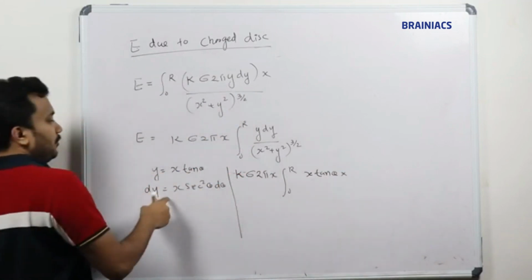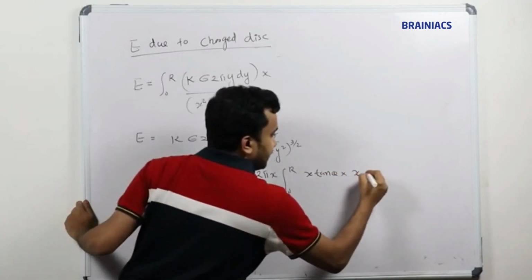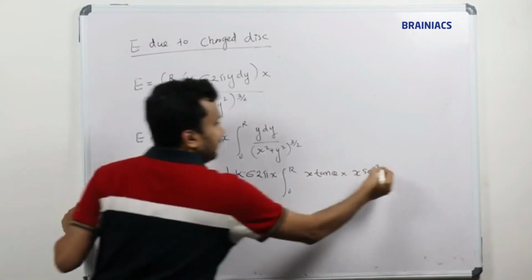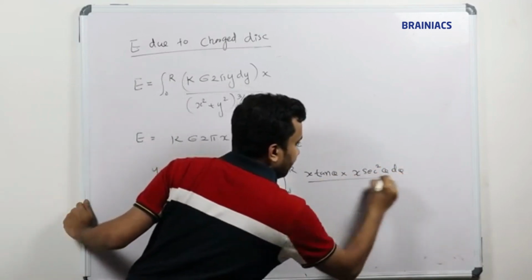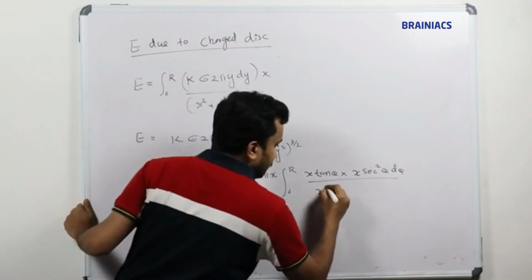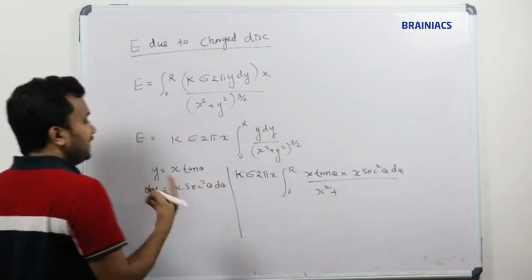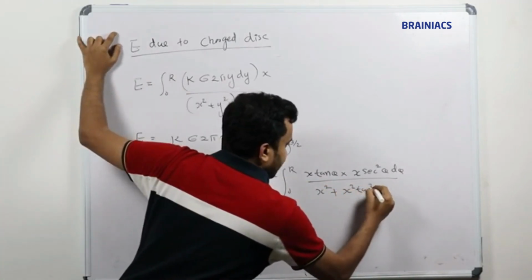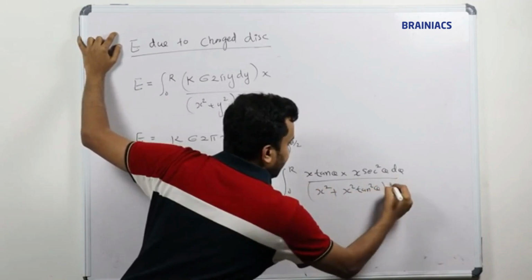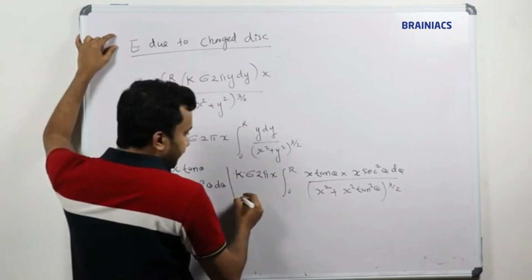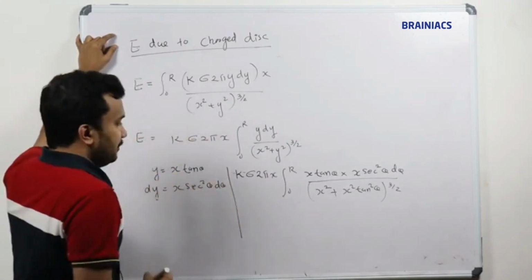What is dy? dy equals x sec square theta d theta, whole divided by x square plus y square. So x square is x square itself, plus y square, and y means x tan theta, so x square tan square theta, whole power 3 by 2.